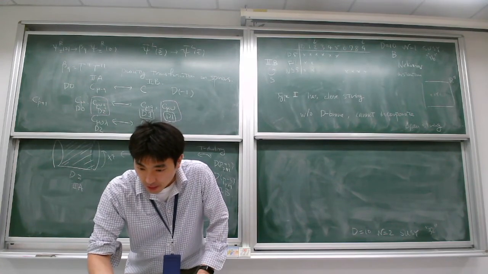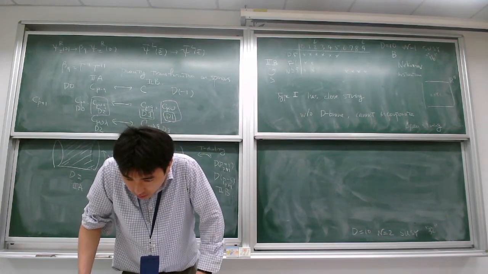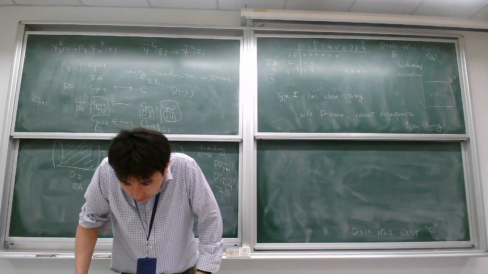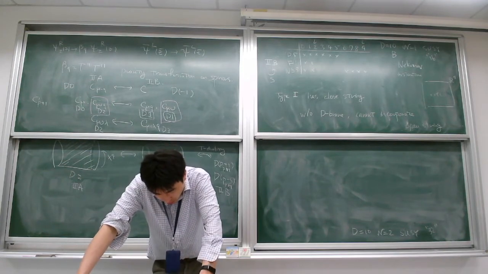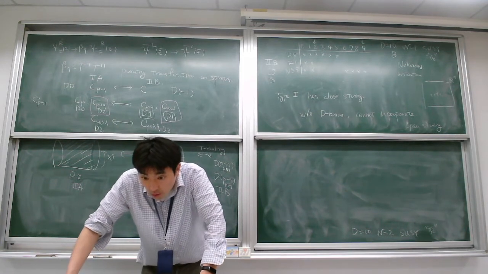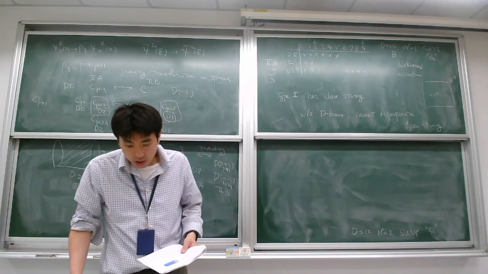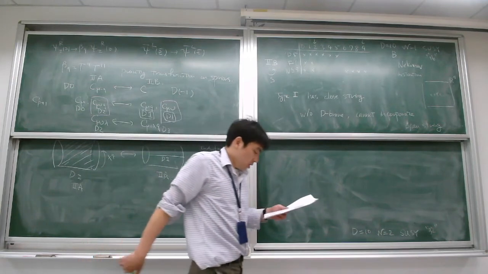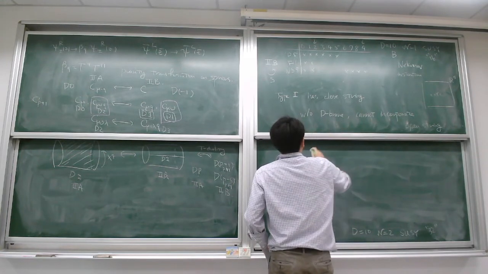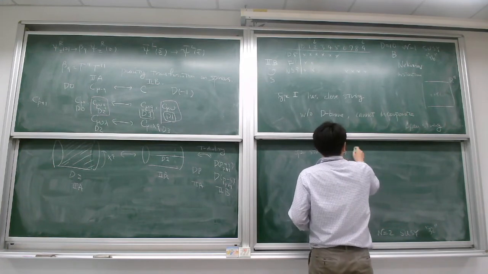So the open string should be associated to the 8V configuration.